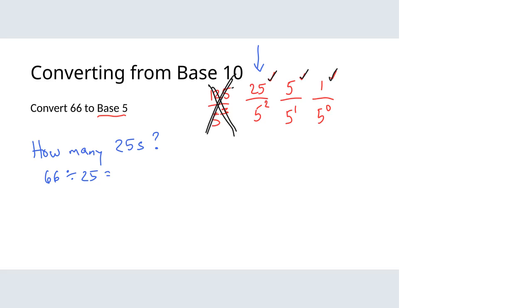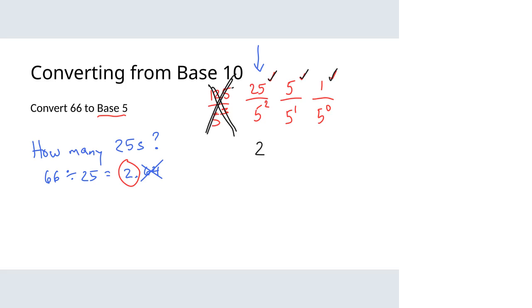And when I do that, I get 2.64. We don't care at all about the 0.64 part. What we do care about, though, is the 2. So we're going to have 2 25s in our answer. We know that for sure. We're going to have a 2 in the 25s place.